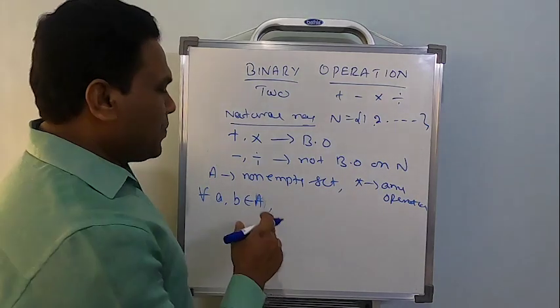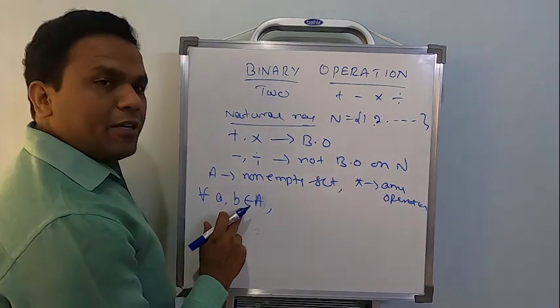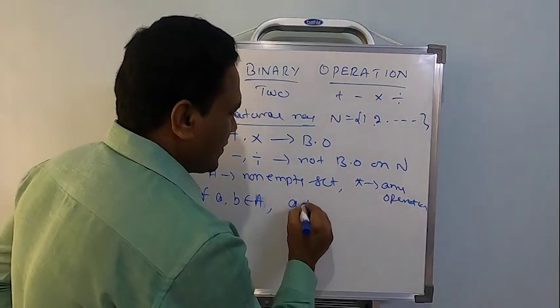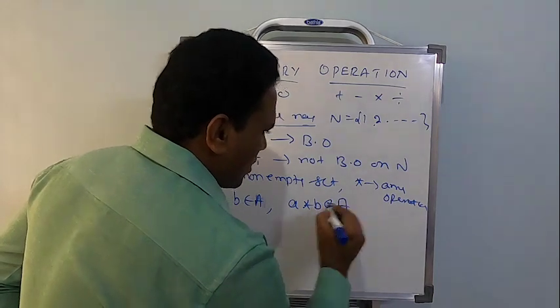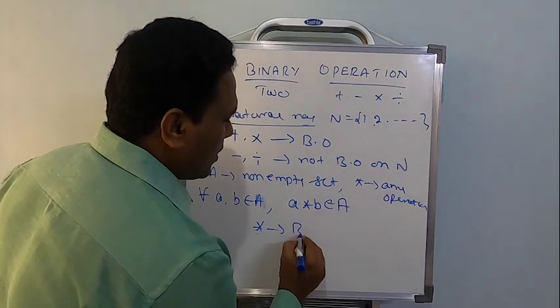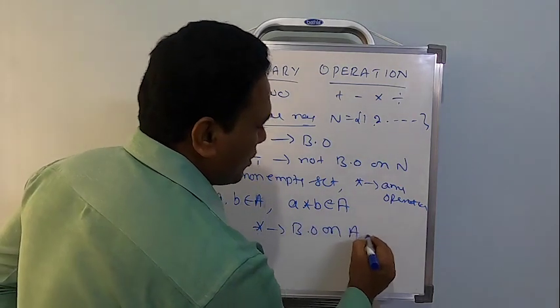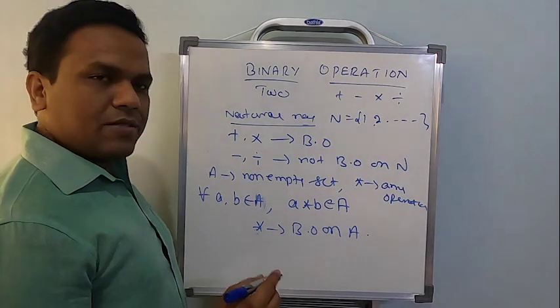Fine, okay. Now, if the star has to become a binary operation, then between any two elements of the given set, you apply the definition A star B, and the resultant element should belong to the same set. In such case, star will be called a binary operation on the set A. So, binary operation definition, simple thing.